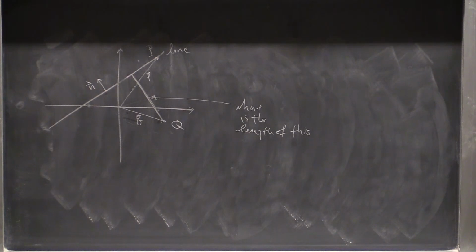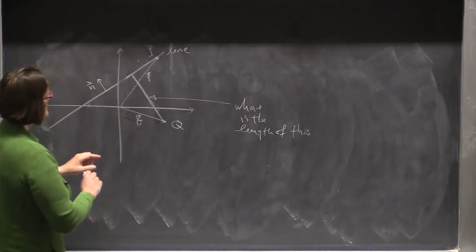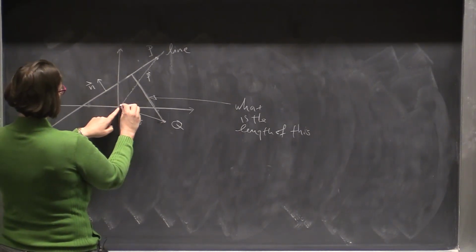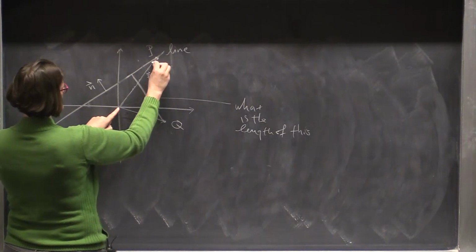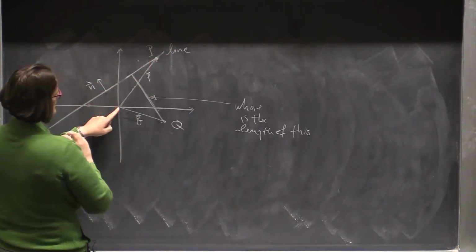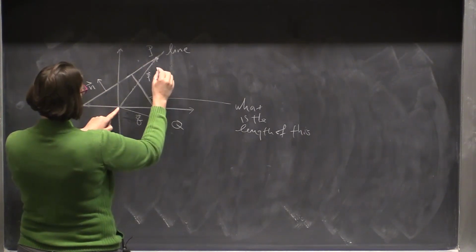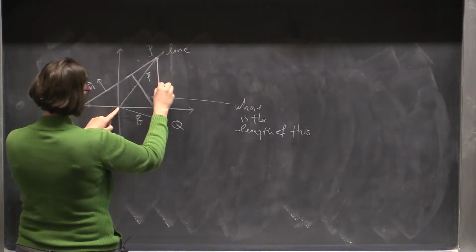Q minus P, P minus Q. What were you going to say? So this is the big idea. The big idea is I was given Q. I can find P by just finding some point on the line. And if I ask for P minus Q or Q minus P, that's going to give me this vector.